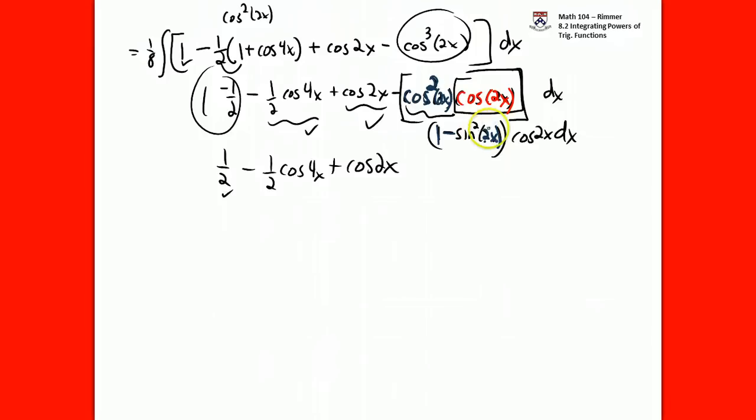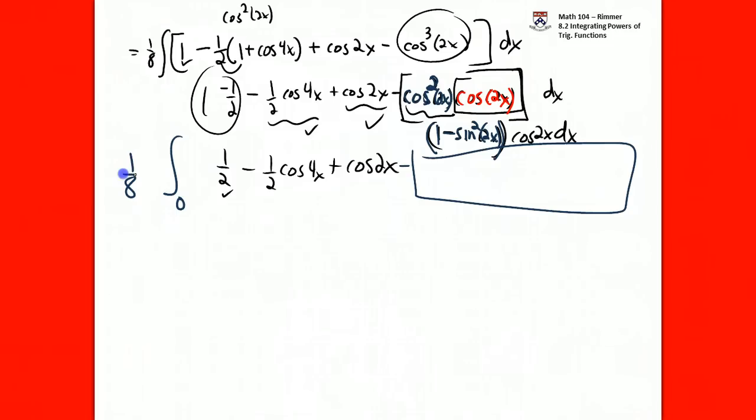So I trade that in for that. I still got this minus here to deal with. I'm just trying to show you how the setup is. And I'm going to do this whole thing with a U sub. These guys don't need that U sub. But don't forget, you have an eighth, and it still is the integral from 0 to pi.